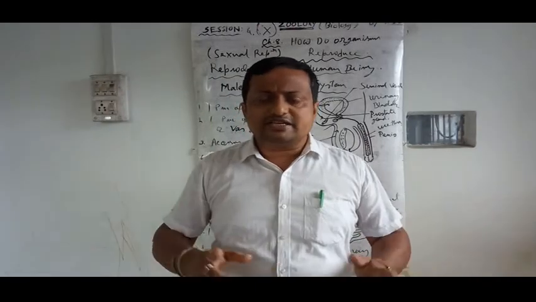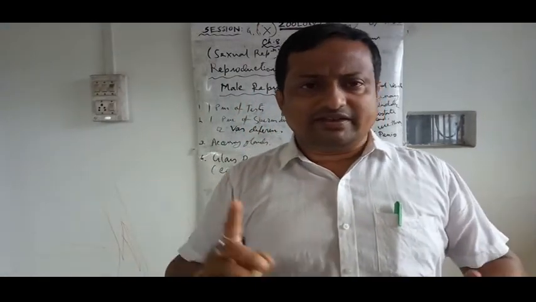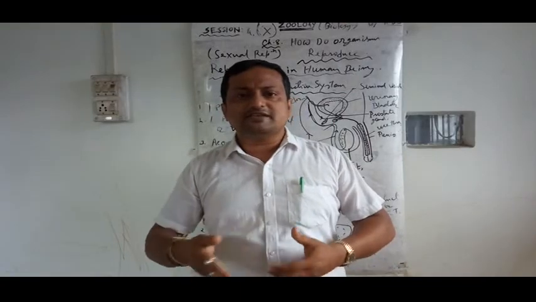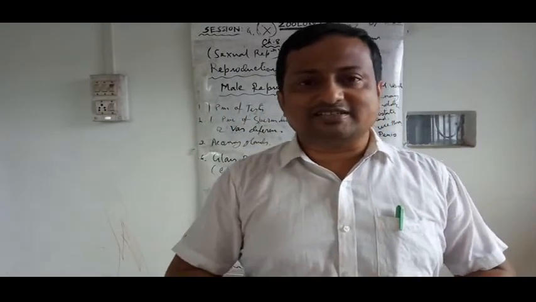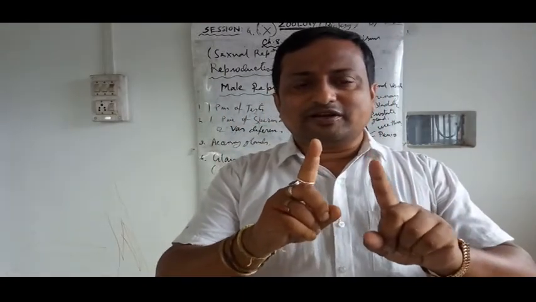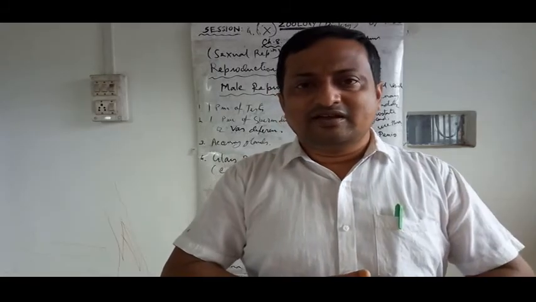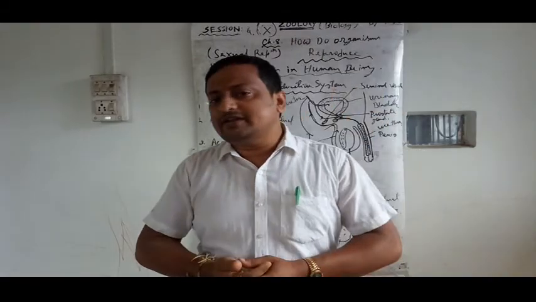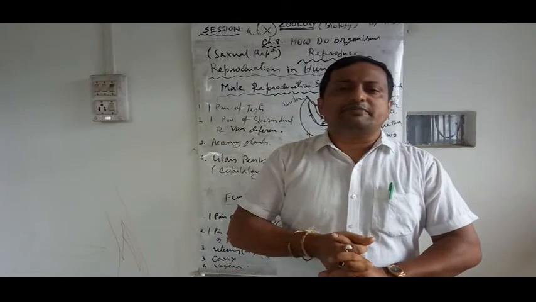Okay, unisexual, male and female. But in the case of flowers, you may say there are bisexual flowers also, like hibiscus, where both male and female reproductive organs are present in the same flower. But in humans there is sexual dimorphism, male separate, female separate.